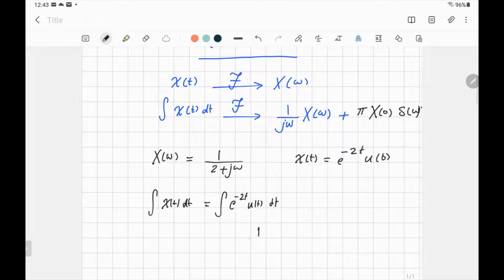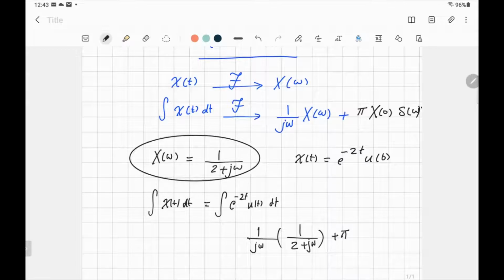So I have 1 over j omega multiplied by 1 over 2 plus j omega, plus pi times X of 0, which means X of omega when omega is equal to 0. If you put omega equal to 0, you have 1/2 times delta of omega, an impulse at omega equals 0. That would be the answer.